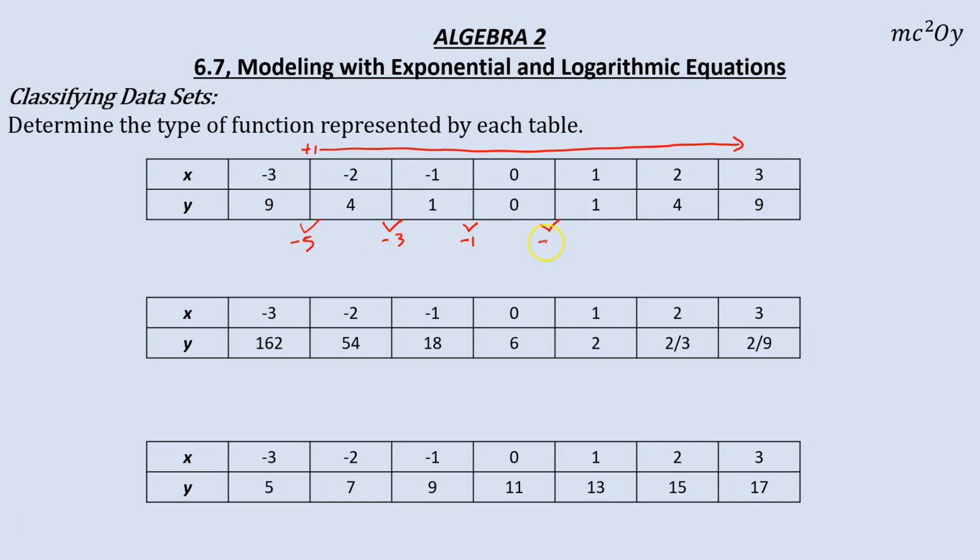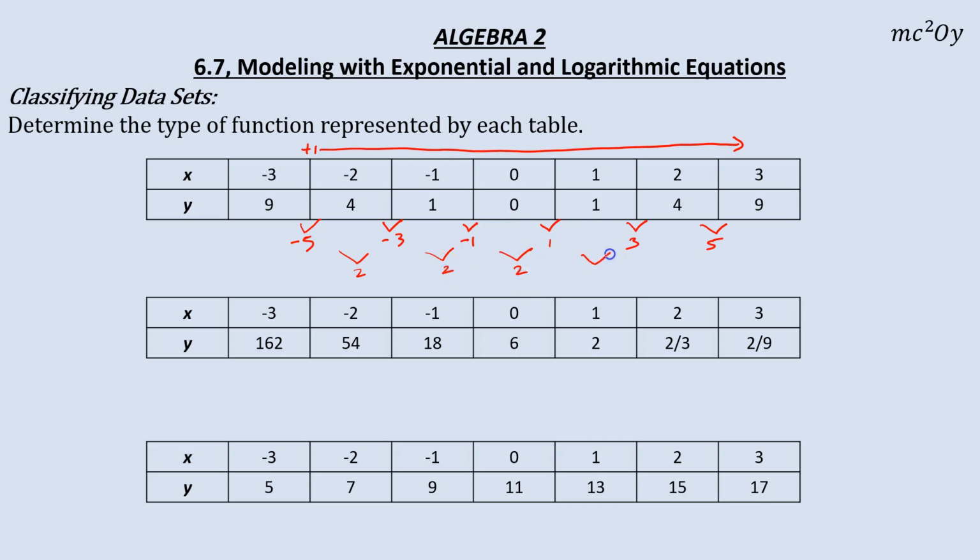However, I don't see a huge change every time, so it could still be exponential. But since I've already started looking here, I'm going to see if my second differences are the same. There's the first difference. Second difference: negative 5 to negative 3 is 2, negative 3 to negative 1 is 2.